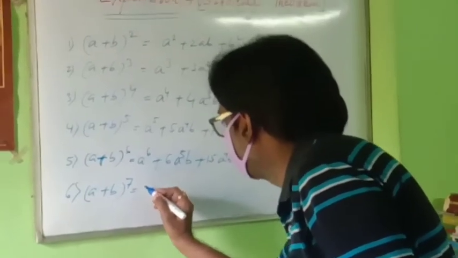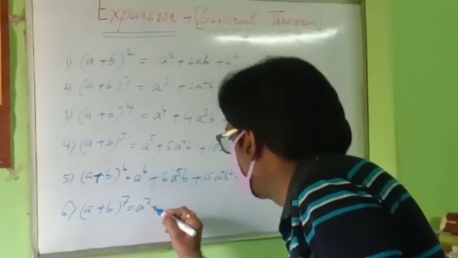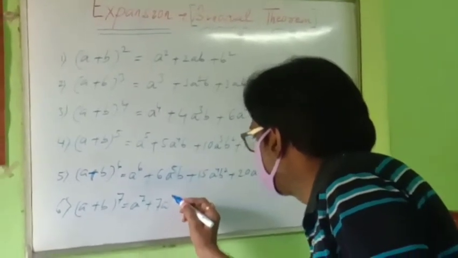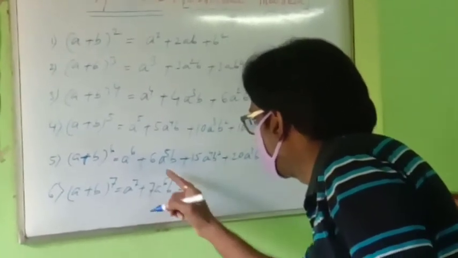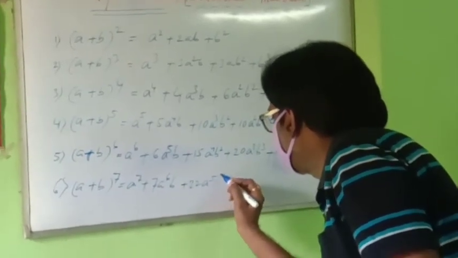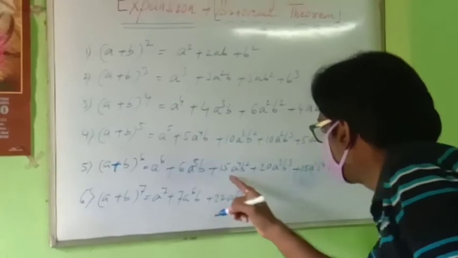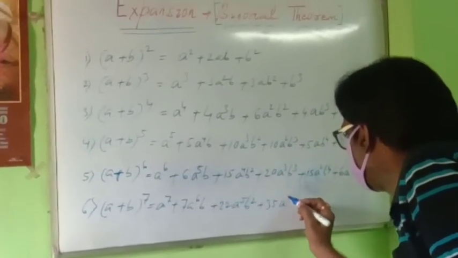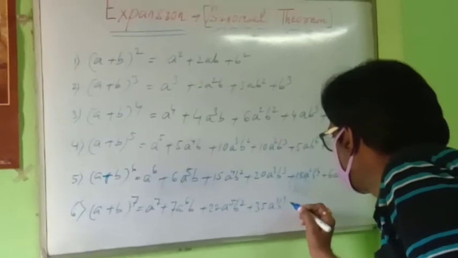Same procedure: this will be a to the power 7. Next it will be 1 plus 6, 7, a^6 b. Next it will be 6 plus 15, 22, a^5 b squared. Next 15 plus 20, 35, a^4 b cubed.